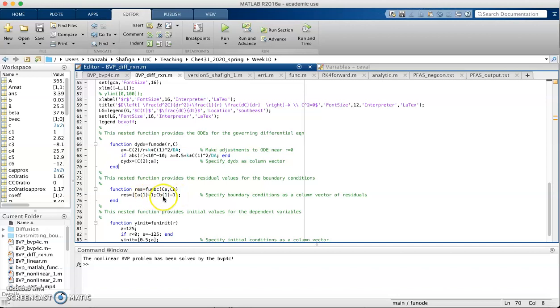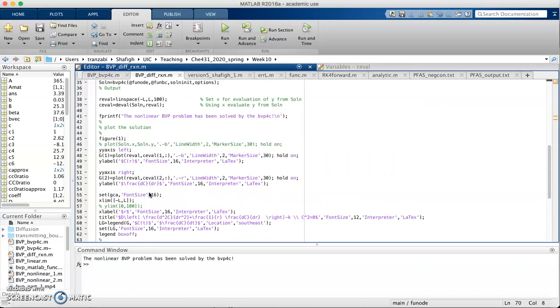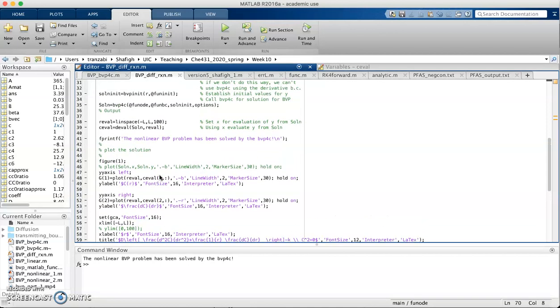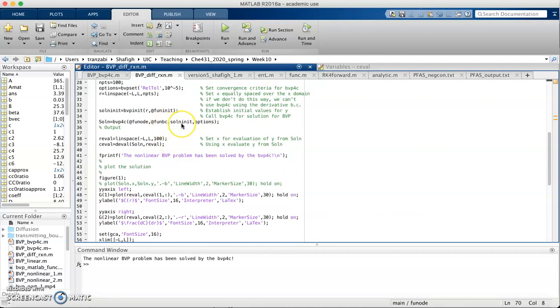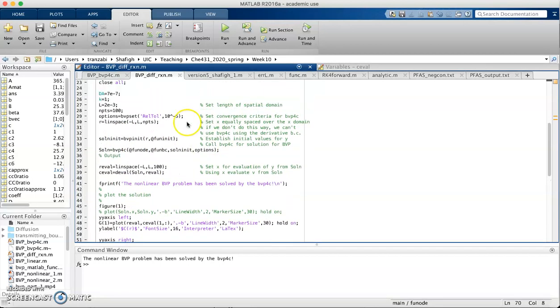These two elements give me the error I make on the boundary. So this turns out to be the residual of the boundary conditions, and I put that in the second argument. The third one is the initial solution that I guessed. And the fourth argument is the option for the tolerance.